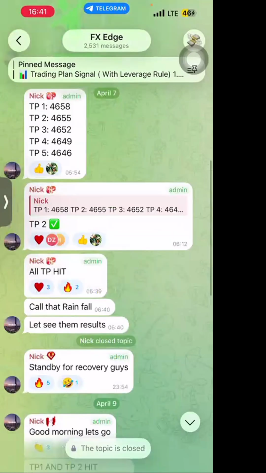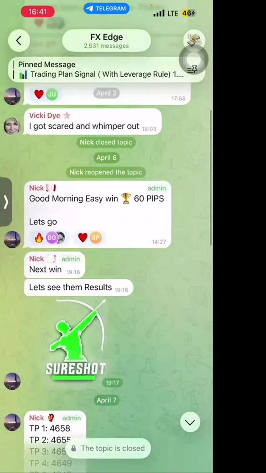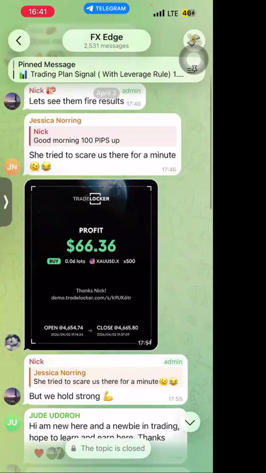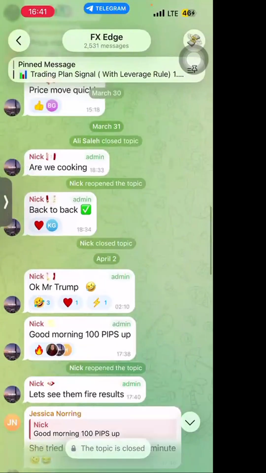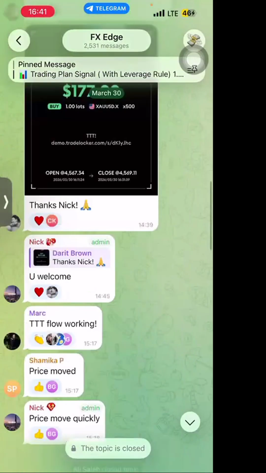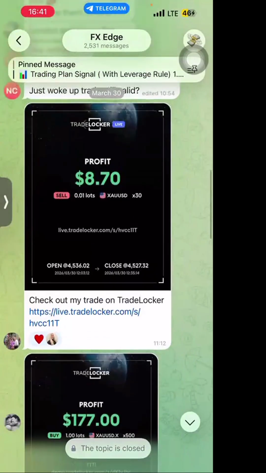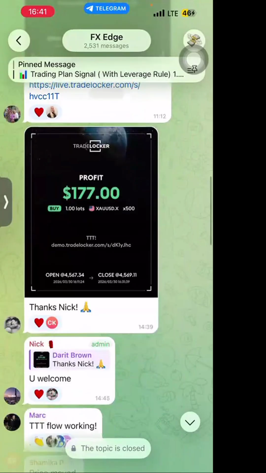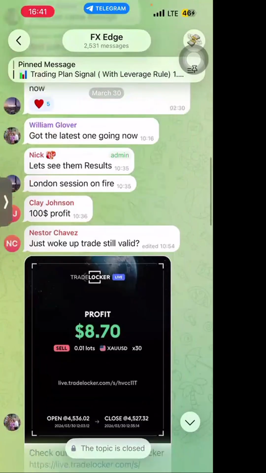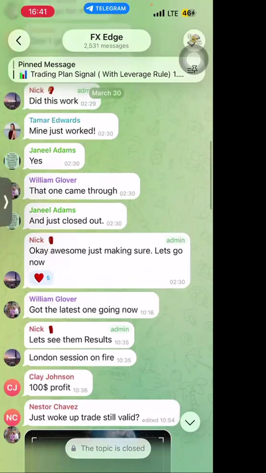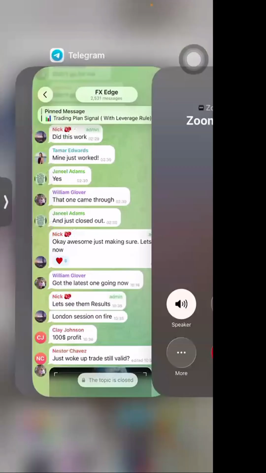So you can see educators that have good winning rates and they give good trade signals, right? You can see the profits from these particular educators. Most of them relate with their students more on Telegram, while some just trade for you on Tap to Trade, right?